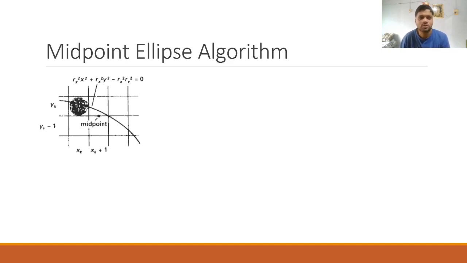If I have to decrement y, I will reach yk minus 1, and so on. But if I don't want to decrement, let's say here, I will only select this pixel. Then based on the midpoint condition, which is already covered, I will reach here, and then decide whether y decrement is required or not. That is what happens at every iteration till my slope becomes -1.